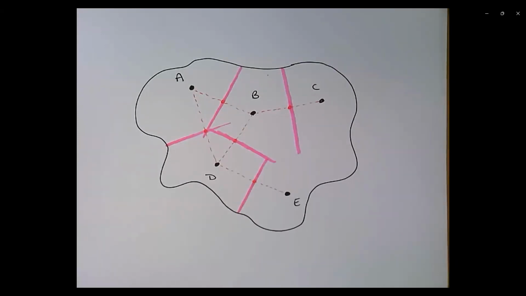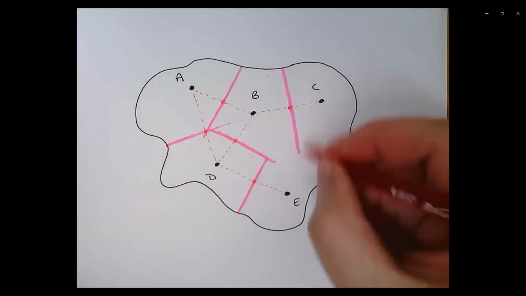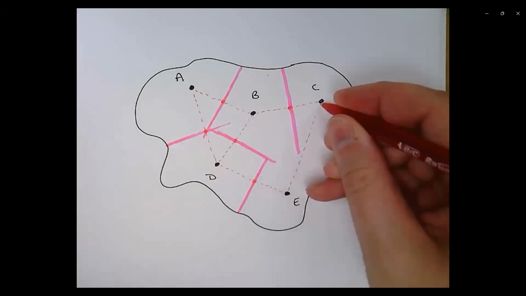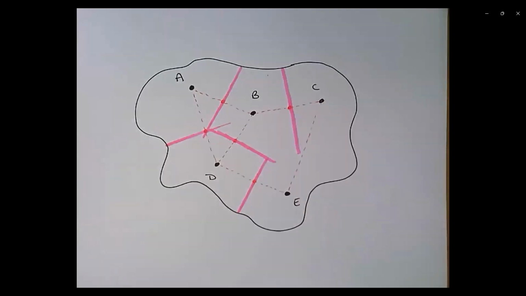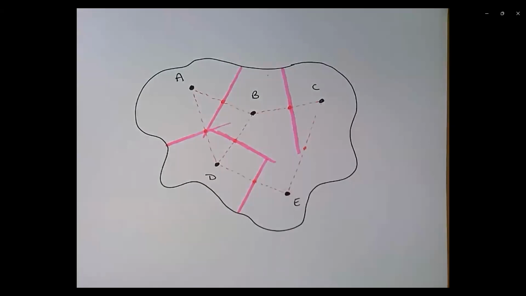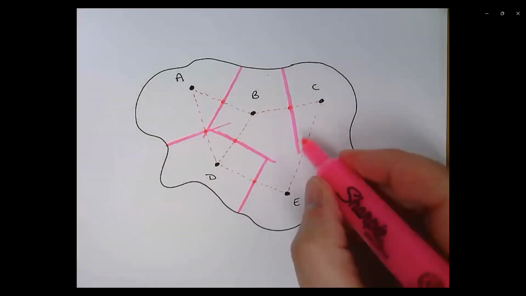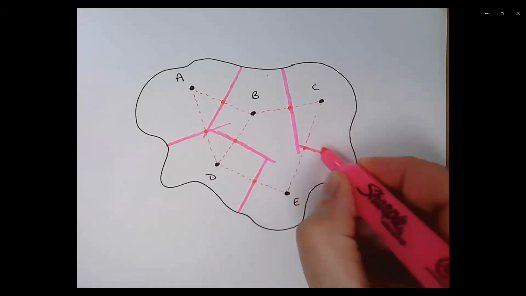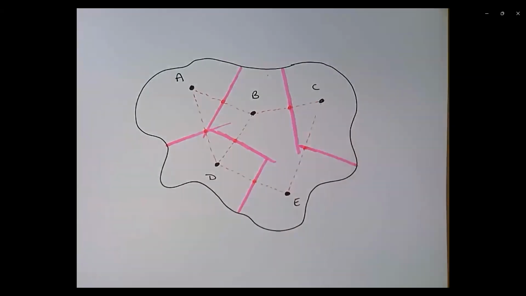And I think the last ones that I need to look at, actually there's a couple I need to look at, C and E. Halfway point. Perpendicular bisector approximately.